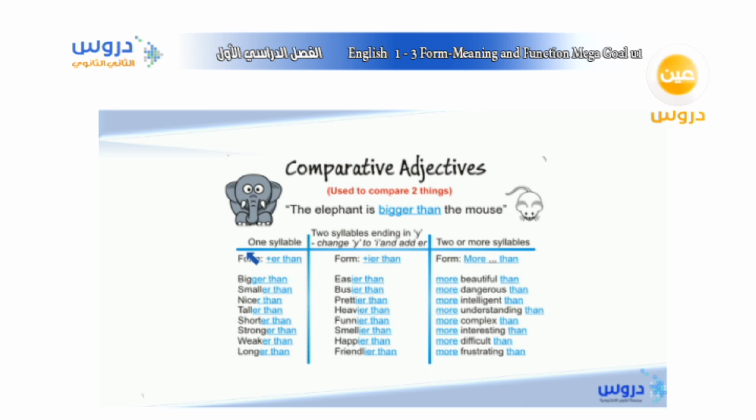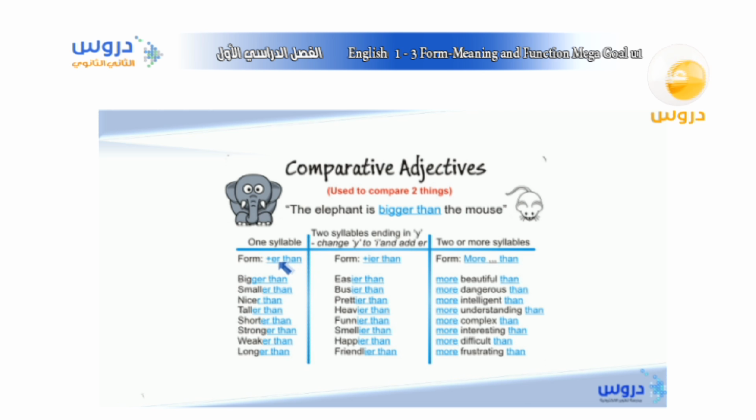Let's go back to more than one syllable. Beautiful, dangerous. Now, I think the notion of syllables is clear. Now, here we have these words. All of these words are one syllable. Like big, small, nice, tall.